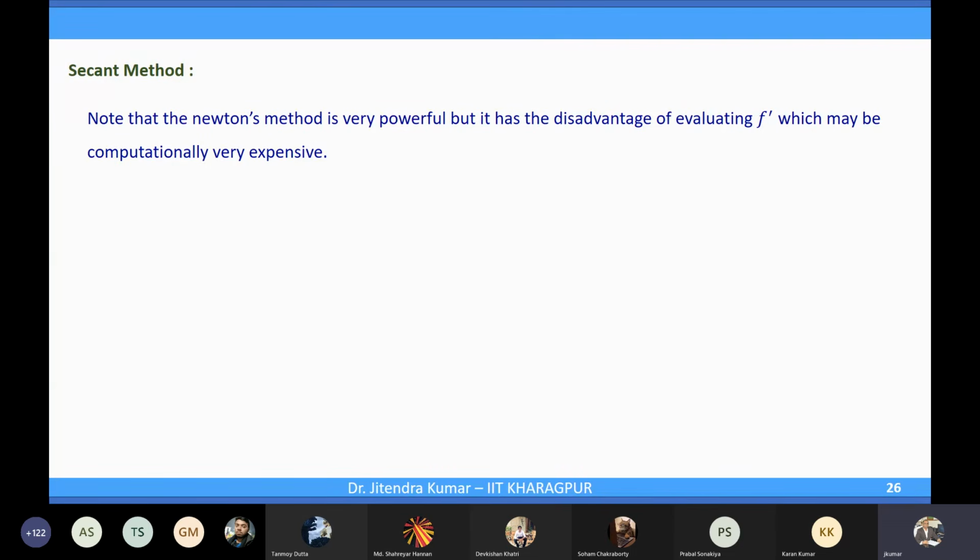The Newton method is very powerful, no doubt about it. There is a disadvantage. The one disadvantage is the evaluation of f prime, because at every step you have to evaluate that f prime at some point, which may be computationally very expensive. In many problems you cannot get an analytical expression for that derivative term.